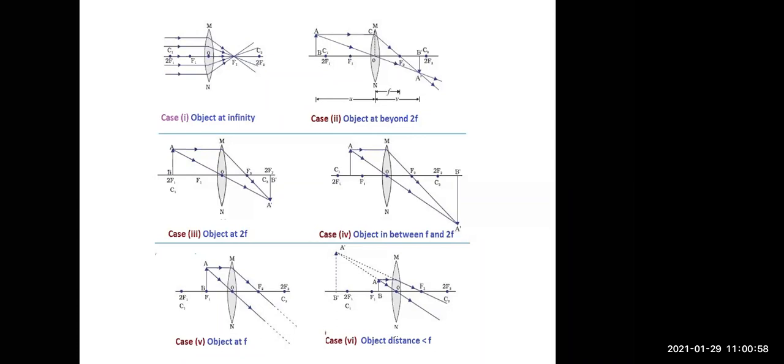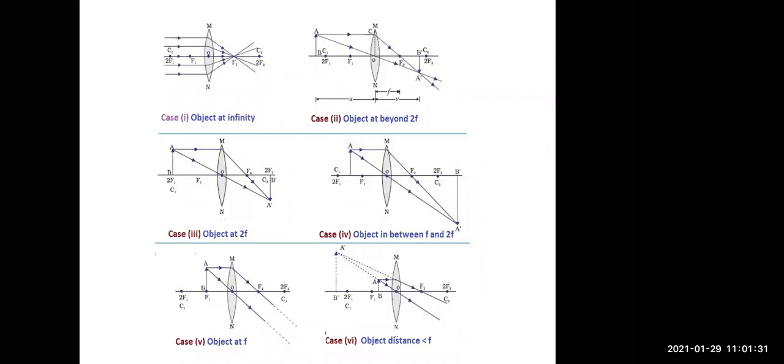So let's see case 4, that if the object is between f1 and twice f1. Here you can see object AB is between twice f1 and f1. In this case, again from the object, we will consider two incident rays. One incident ray will be parallel to the principal axis, so rule number 1 will be applied: the refracted ray will pass through the principal focus.